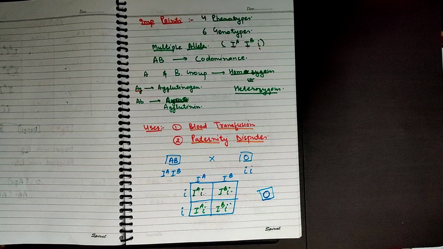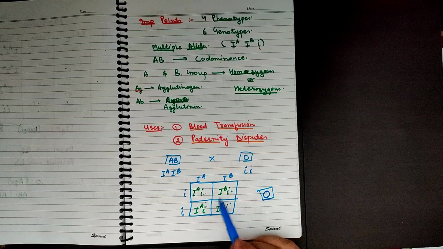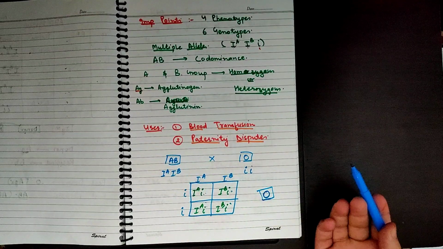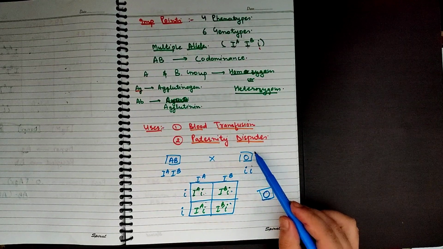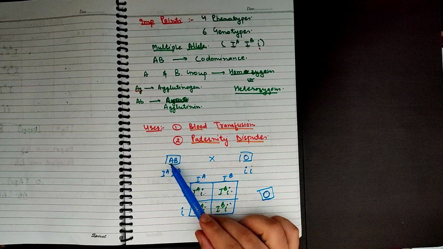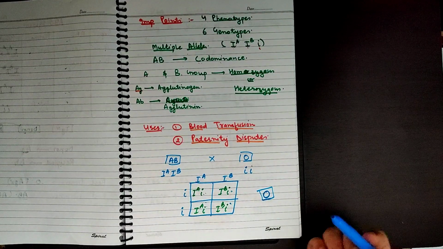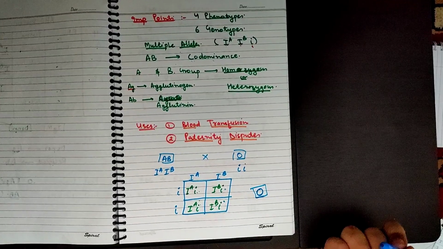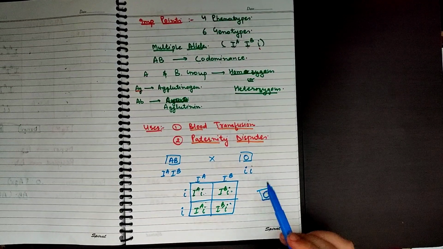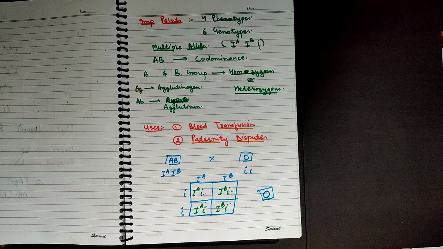We can conclude from this discussion that O blood group is not possible for these two parents' offspring. Definitely either the male is not the father or the female is not the actual biological mother of this child. So to solve these paternity or maternity cases, we use this ABO blood grouping system.